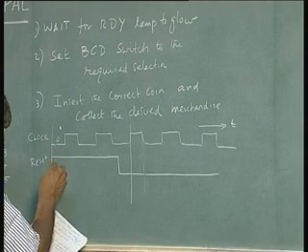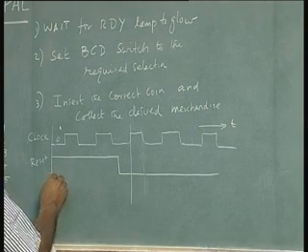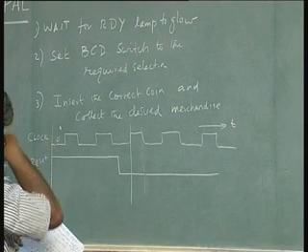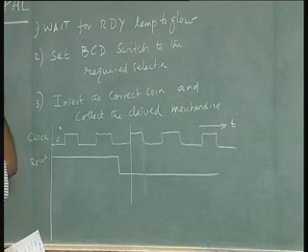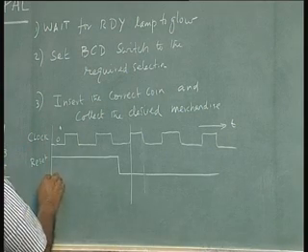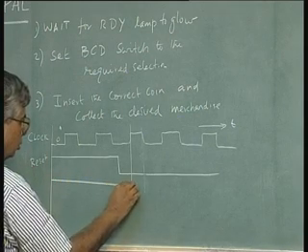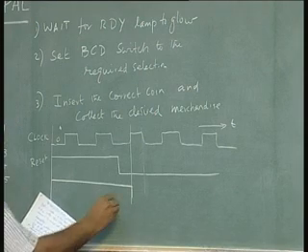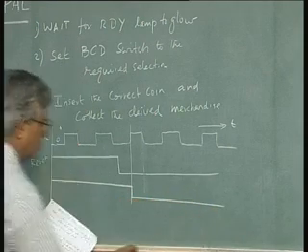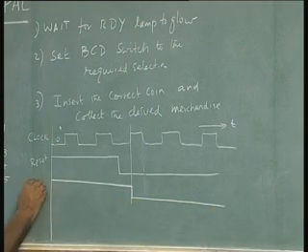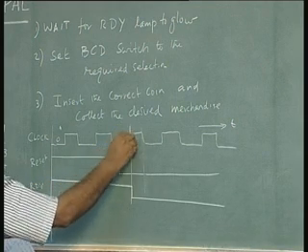This will be my ready signal. So, we can have a ready signal as an active low signal. That is all right. This will be a ready signal, and this can happen only at this point.